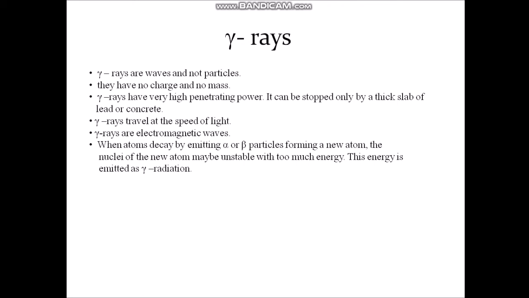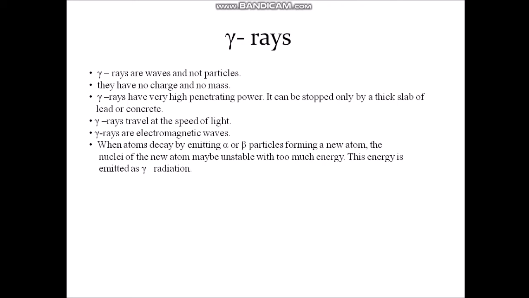Gamma rays travel at the speed of light. That means they're very, very fast. And gamma rays are electromagnetic in nature. So when atoms decay by emitting alpha or beta particles forming a new atom, the nuclei of the new atom may be unstable. So we were talking about unstable nuclei.